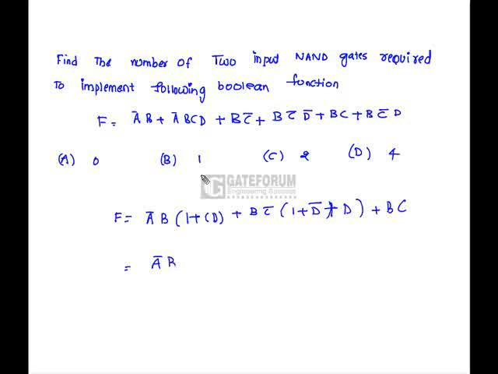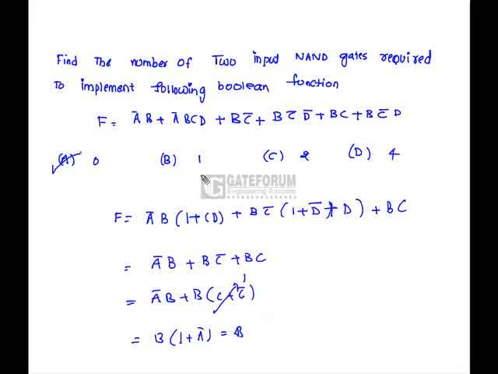This is A bar B, BC bar plus BC. Here A bar B plus BC plus C bar, this is 1. So B into 1 plus A bar, that is B. So after simplifying Boolean expression F, we will get B. That is B letter is already available. There is no need to implement using 2 input NAND gates. Hence option A is correct.